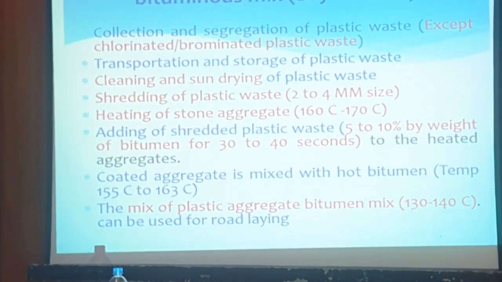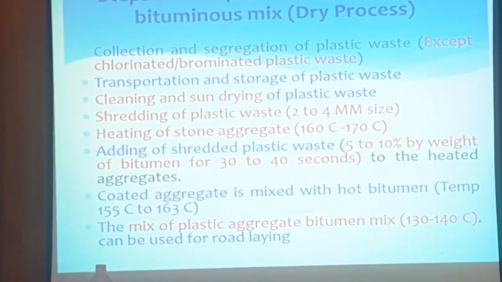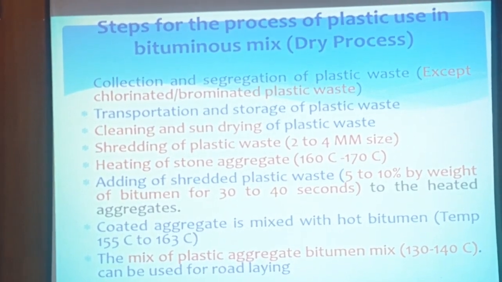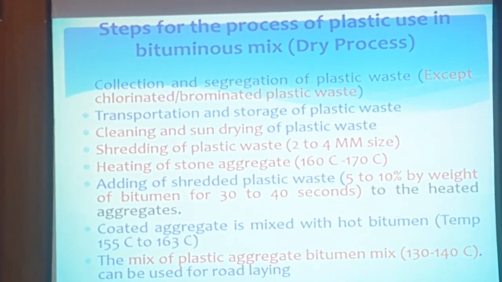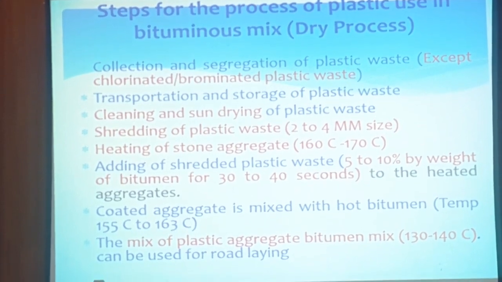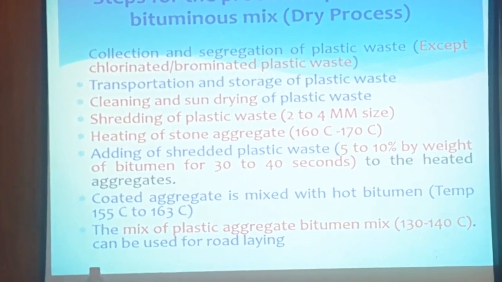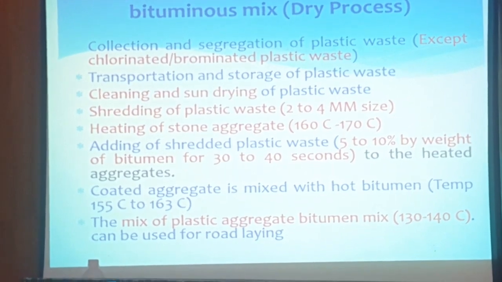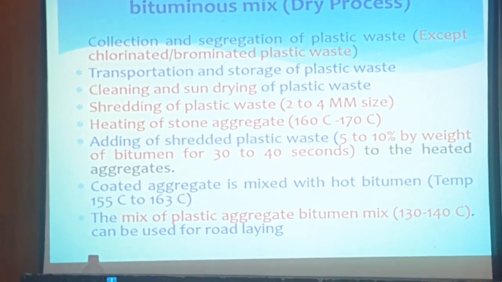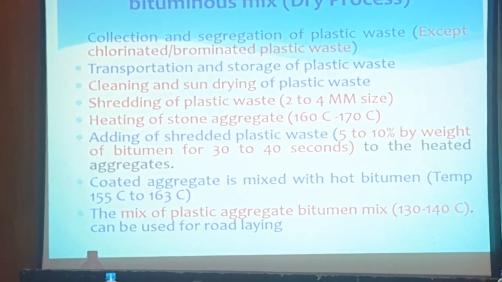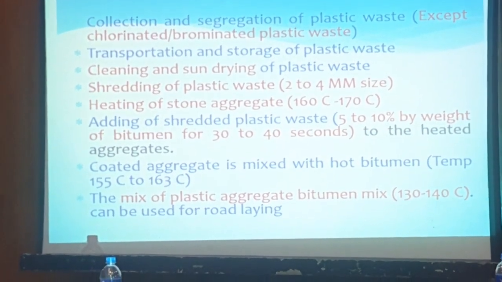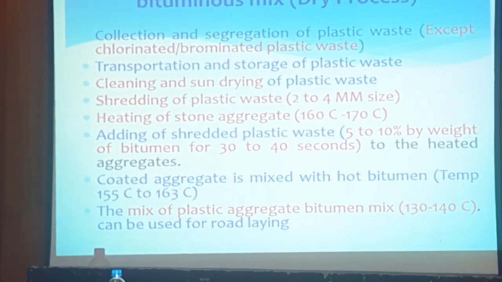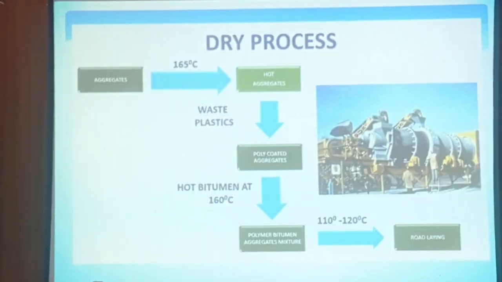In the dry process, shredded plastics are mixed with the hot aggregates, and then bitumen is poured. That is called the dry process. In the wet process, shredded plastics are mixed with the bitumen, and it melts and mixes, and then it is mixed with the stone aggregates. That is called the wet process. But the dry process is more effective, and our IRC specifies the dry process also.